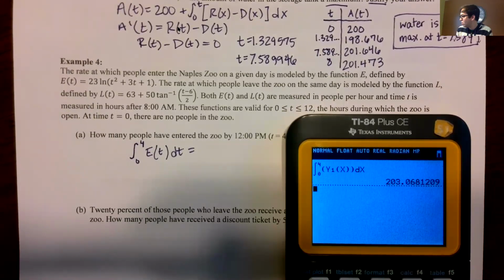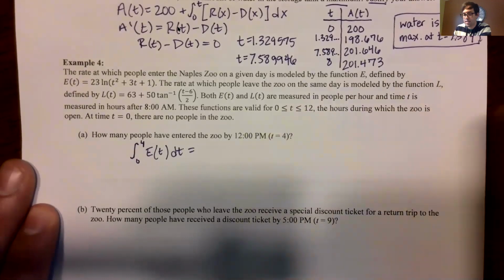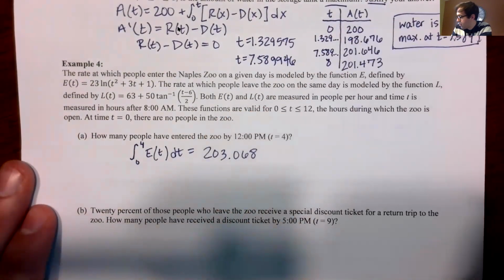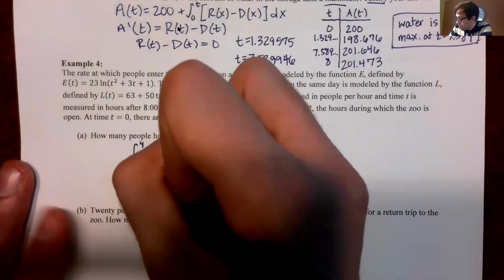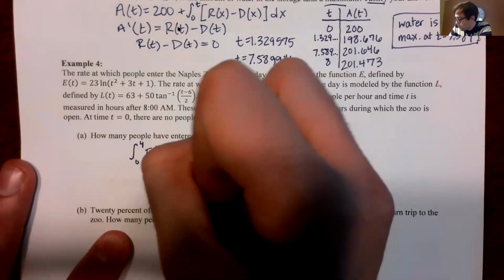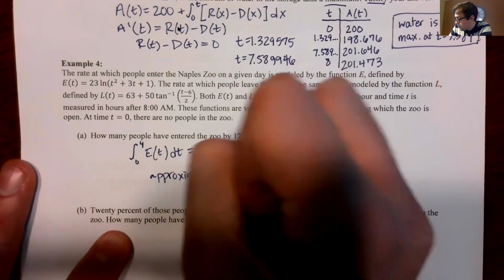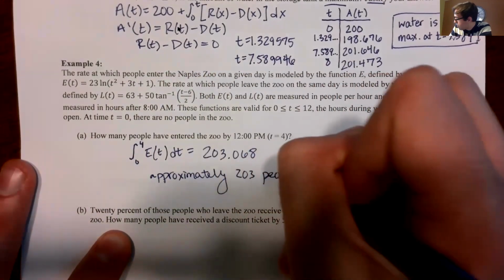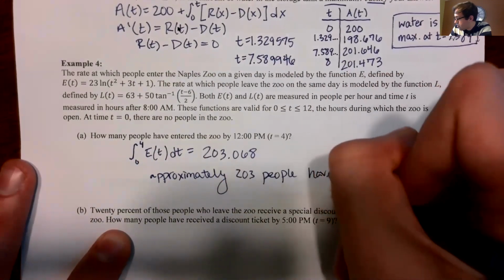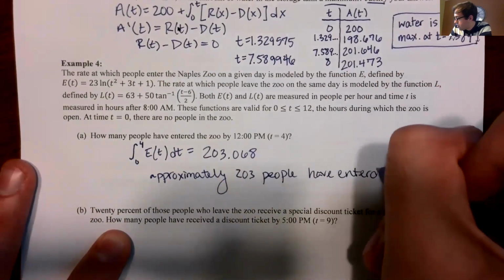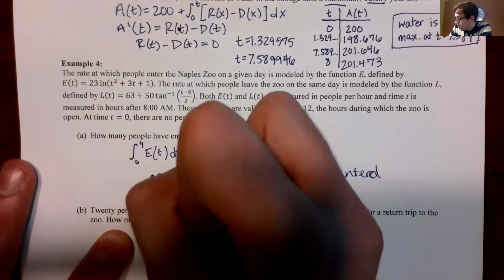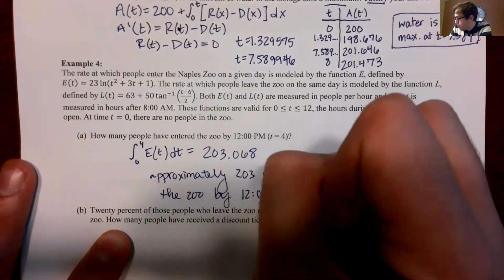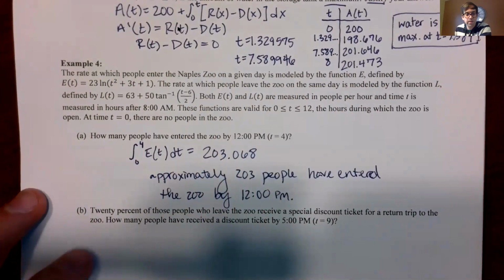And this is 203.068. And approximately 203 people have entered the zoo by 12 o'clock p.m. That's what that means. Okay.